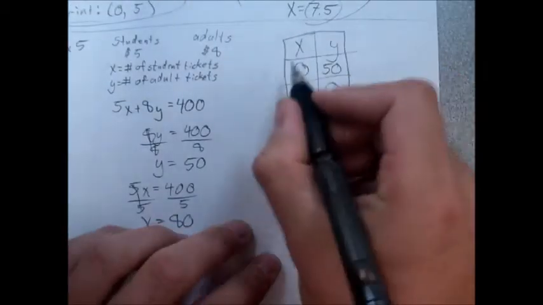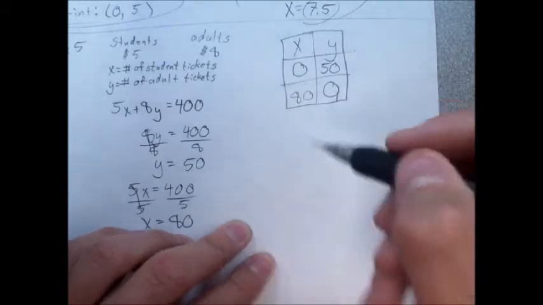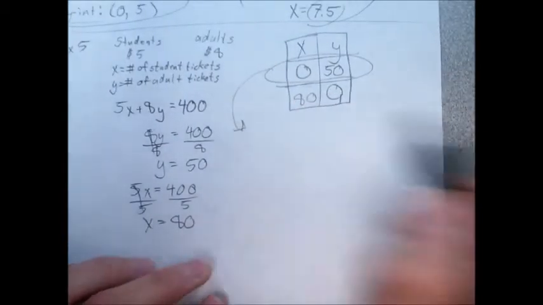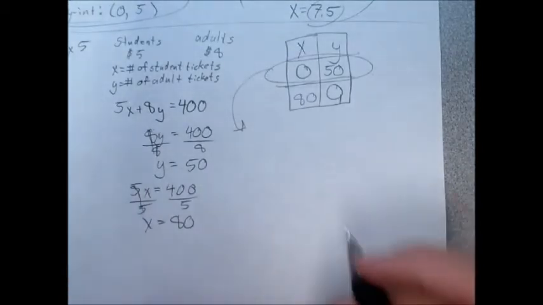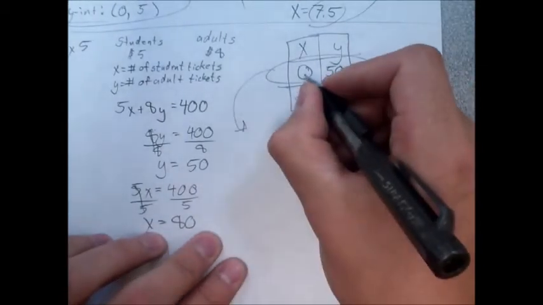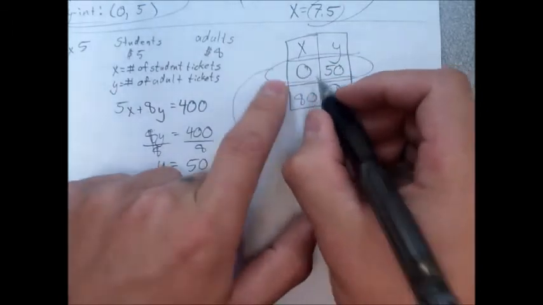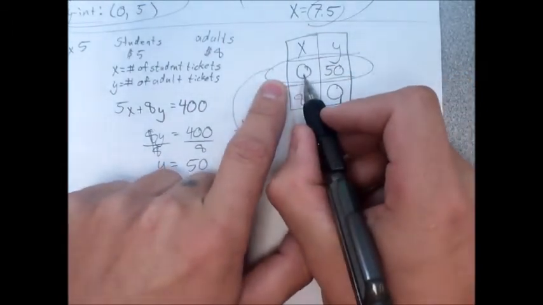So if I look at this first one, I'm going to go ahead and explain what each of these intercepts mean. So here we go. It says 0 for x. So which intercept is this one? It's where x equals 0, so it's the y-intercept.